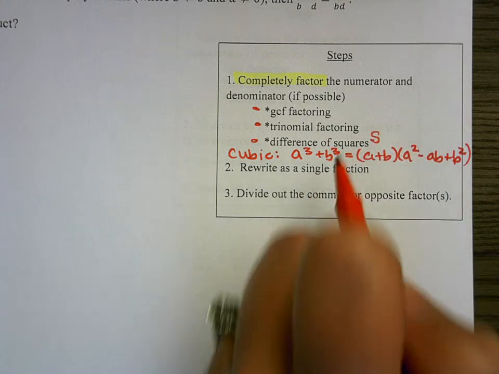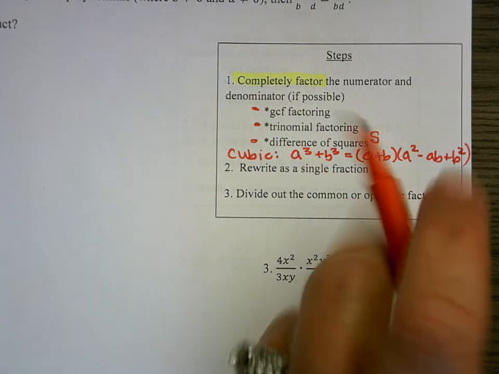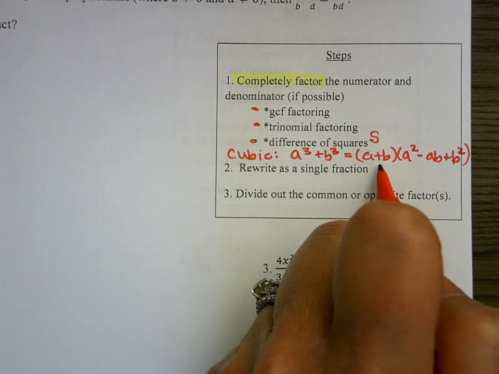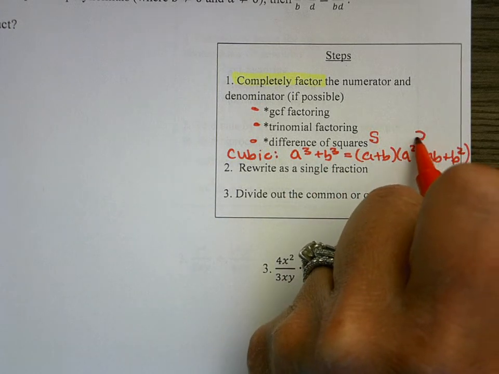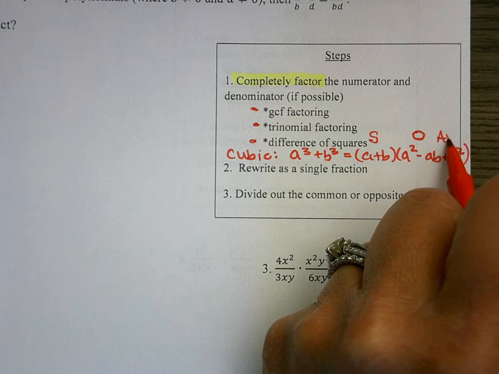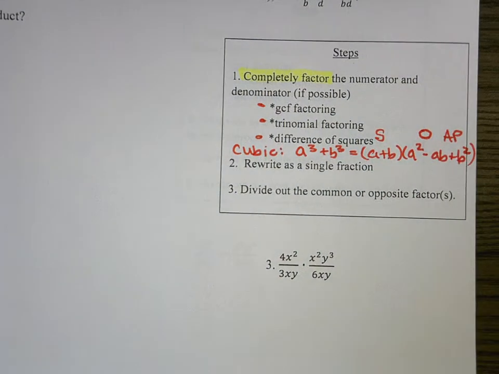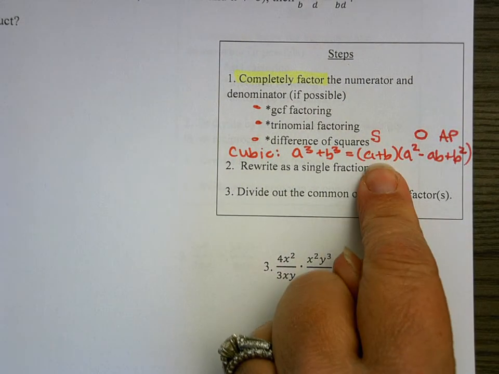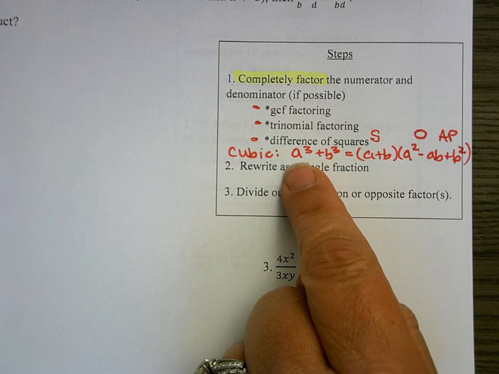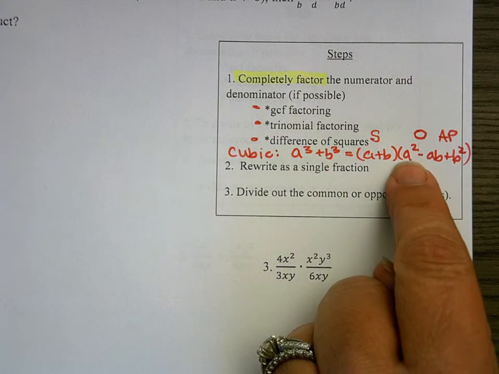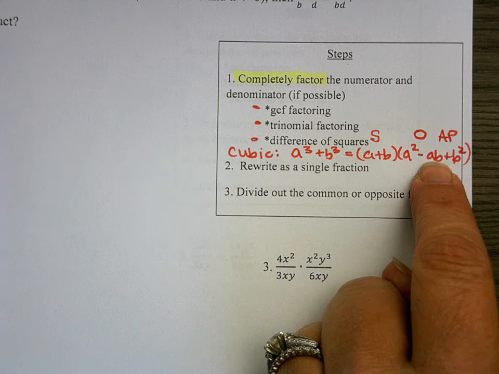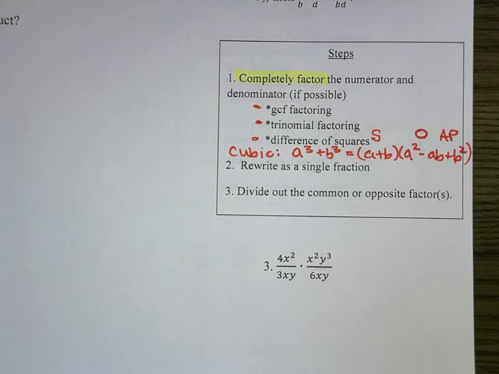The first sign is the same, so if that's an addition, it stays addition, and if it was subtraction, it would be subtraction. Then this one is opposite, and the last one is always positive. Your factors are always a binomial, and that binomial comes from the cube roots of both of those, and then you square the first root, multiply the roots together, and then square the second root, okay?